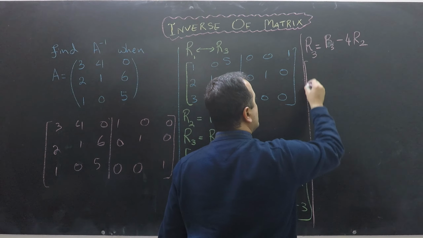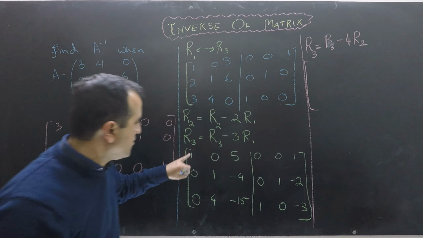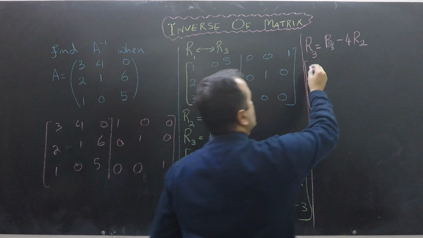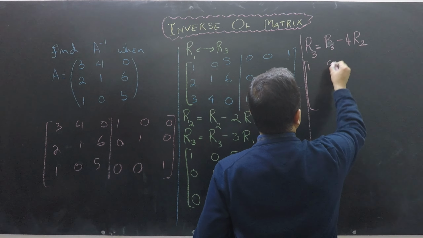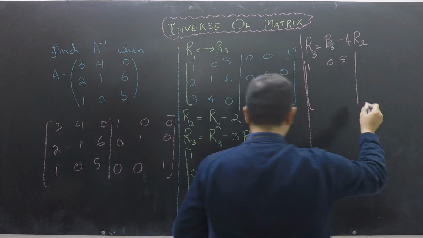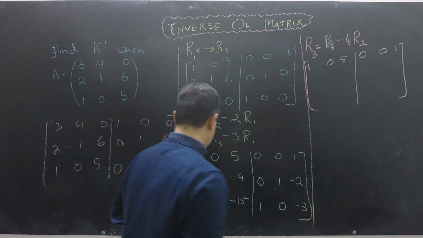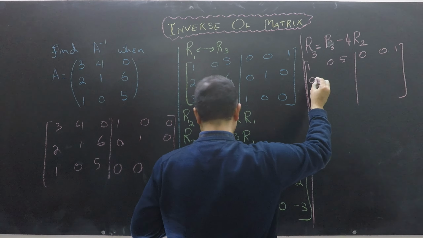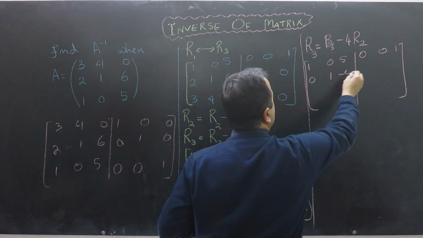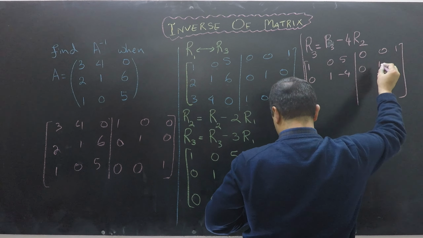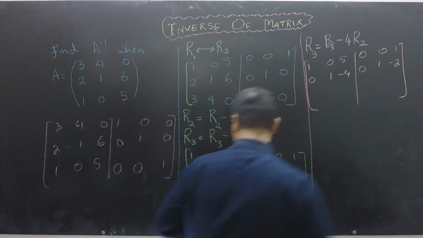So now we are going to write this. Once again, I'm quickly going to copy both of those rows to save time. So 1, 0, 5, then 0, 0, 1, then 0, 1, minus 4, and then 0, 1, minus 2.